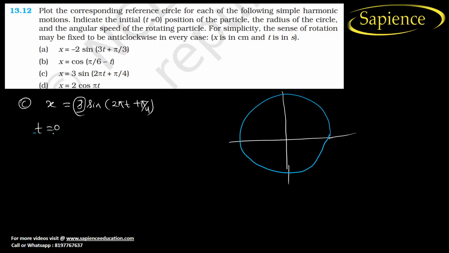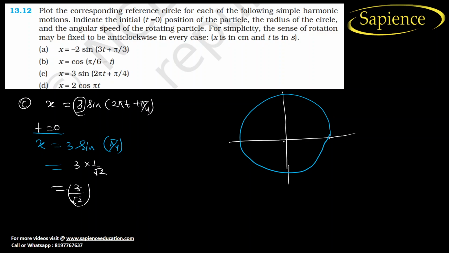Now we need to find the value of x at t is equal to 0. So x will be equal to 3 sine pi by 4. Sine pi by 4 means 1 by root 2. So 3 into 1 by root 2, so this will be 3 by root 2.